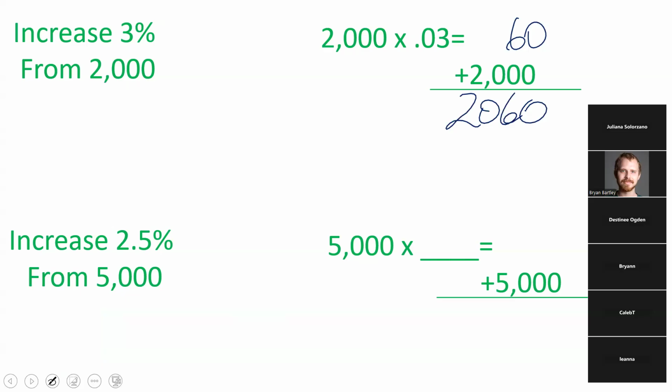Okay. Now let's increase by 2.5%. So our original number is 5,000, our historical data. And then we're going to multiply by 2.5%. What is that? 125? Do we all agree?